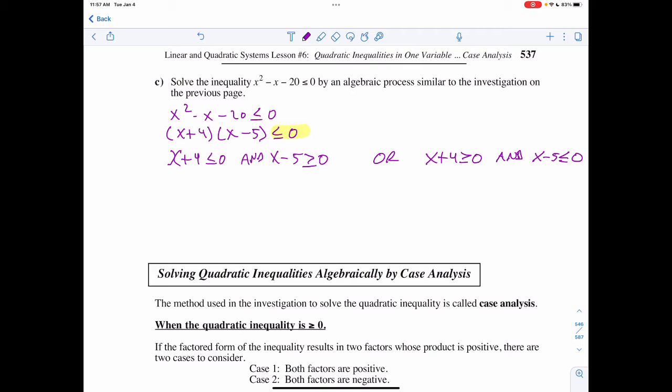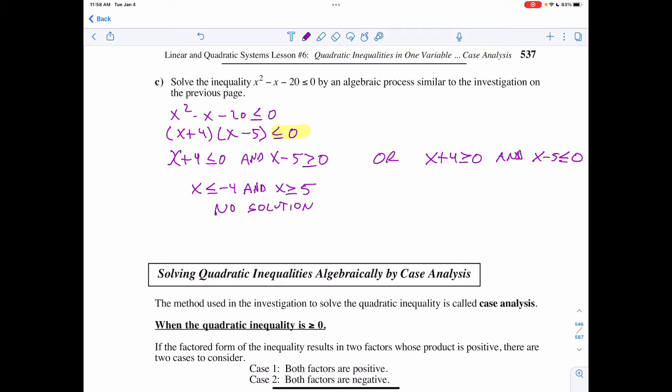When I solve this, I can say that x is less than or equal to negative 4 and x is greater than or equal to 5. And it can't be less than a negative number and greater than a positive number at the same time, which means that this would give me no solution. It's impossible. Couldn't possibly be less than negative 4 and greater than 5 at the same time.